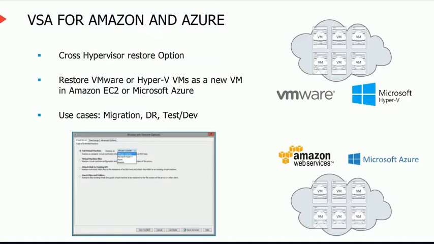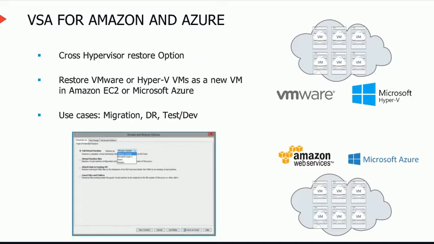As we discussed earlier, customers are rapidly adopting a cloud strategy in some capacity. We have just learned about the many benefits of protecting both VMware and Hyper-V with CommVault Virtual Server Agent. However, the benefits do not stop there.